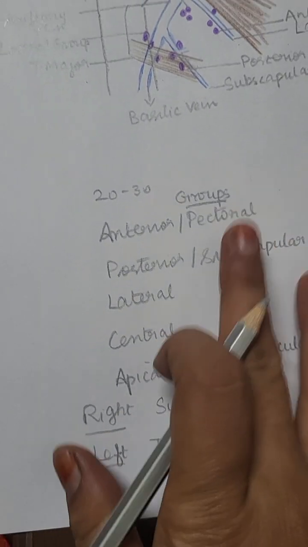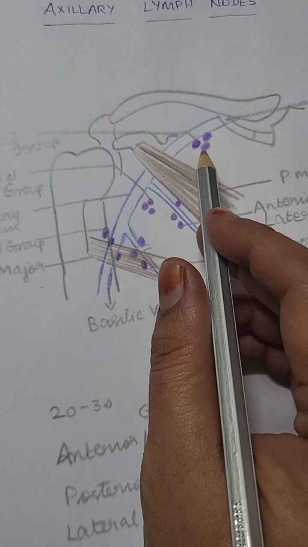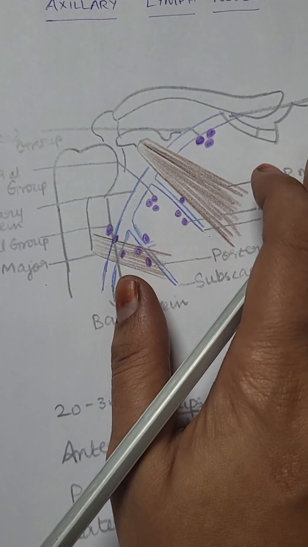And some efferents from the apical group also go to the supraclavicular group of lymph nodes.